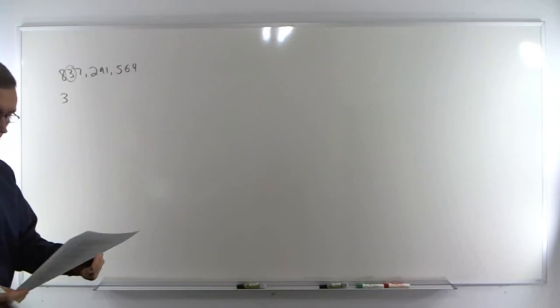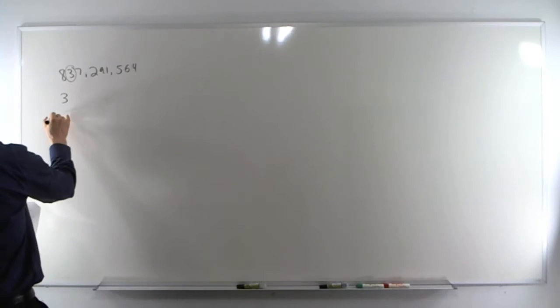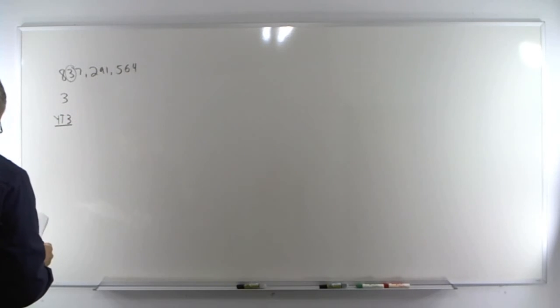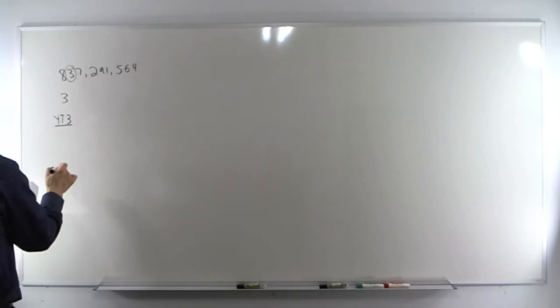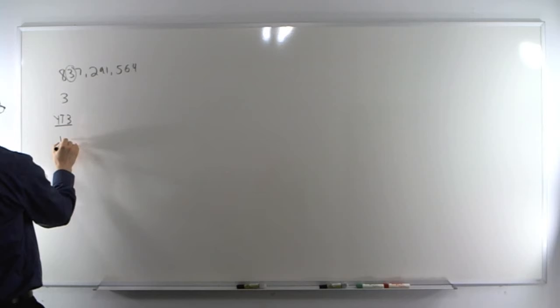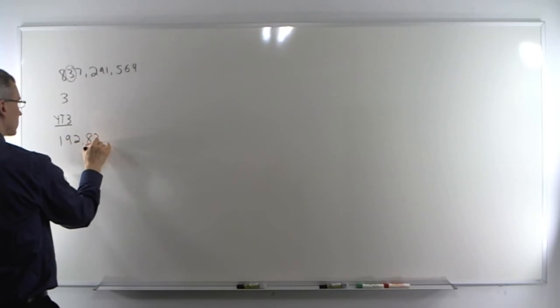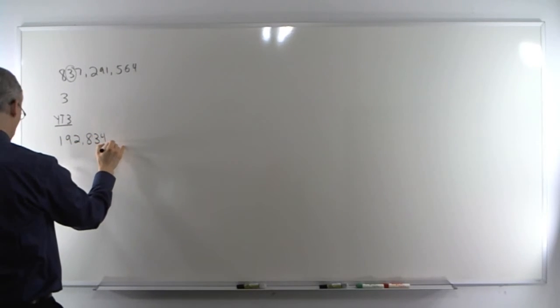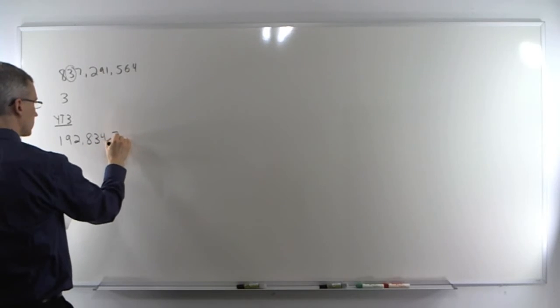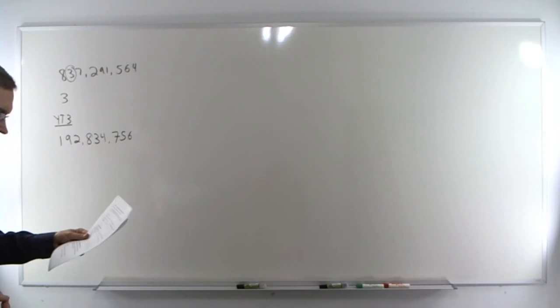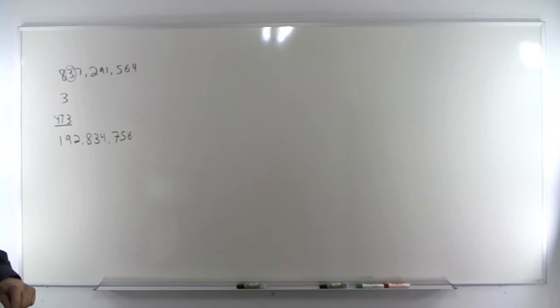All right, your turn, number 3. Which digit tells us the number of 100,000s?